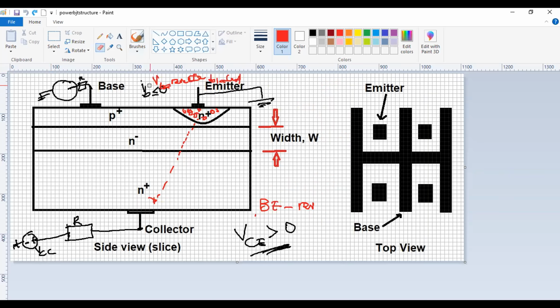Okay, so now if I want the electrons to flow, eventually, this of course is something you've seen before, so I won't spend as much time on it as I should. To forward bias, need a pen.